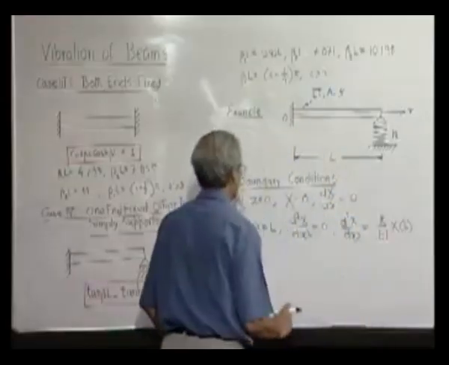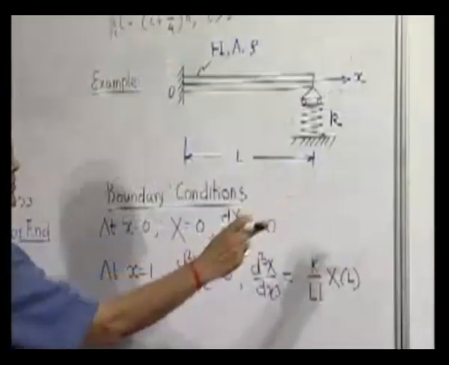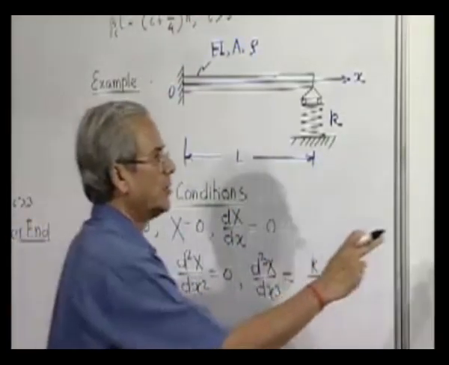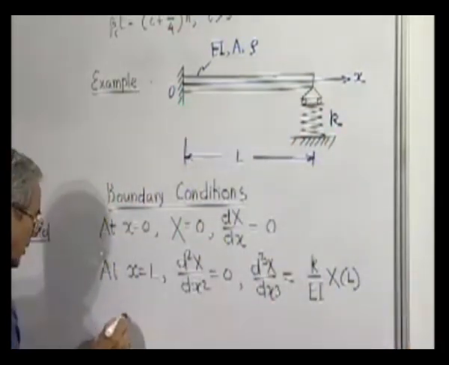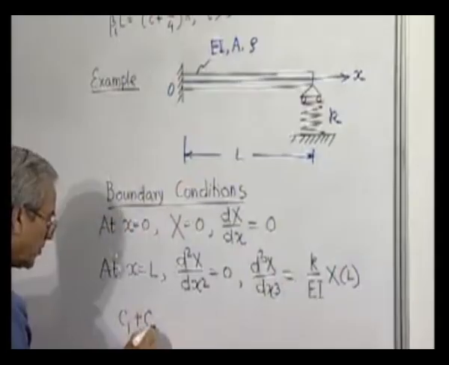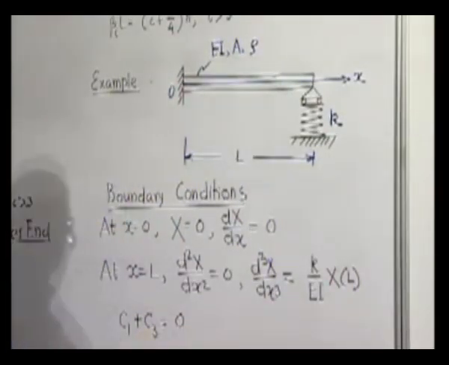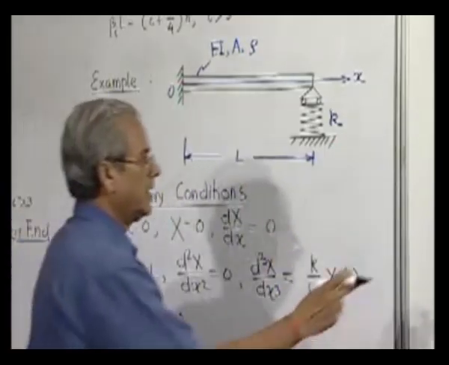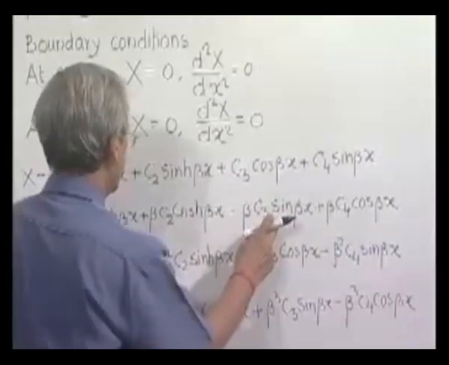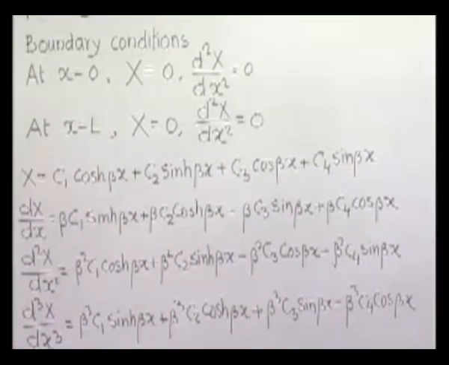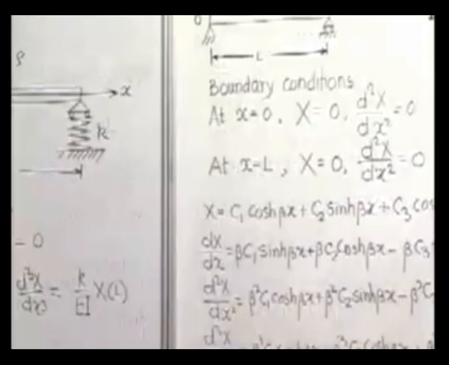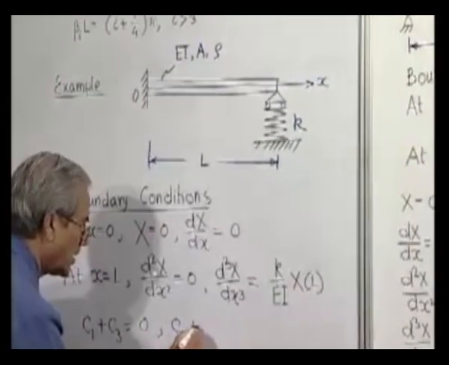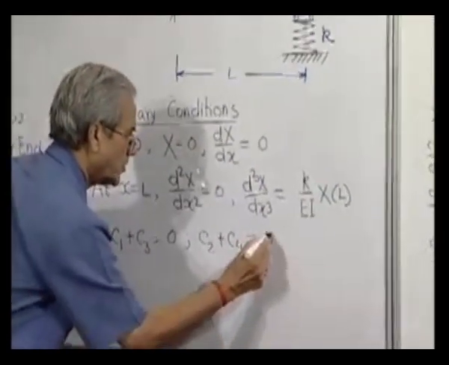When you solve, first of all, for these two, if we substitute x is equal to 0, these two terms vanish, so C1 plus C3 equals 0. Then again here at x is equal to 0, these two terms vanish. Beta into C2 plus beta into C4 is 0, beta goes, so C2 plus C4 is also equal to 0.